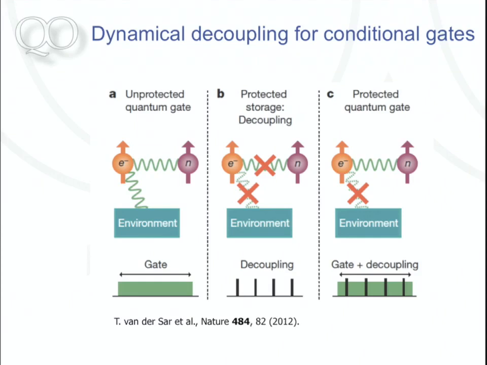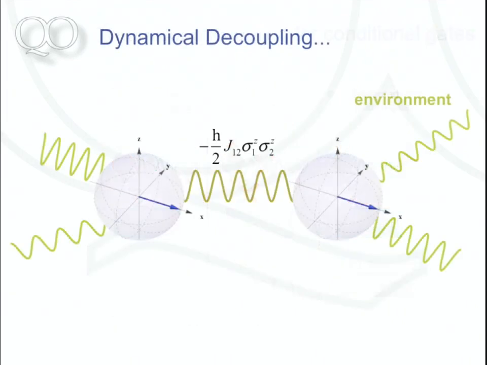In our experiment, the situation is a little different. Here you have one stable qubit and one unstable qubit. In our case, we only have unstable qubits. So this is the situation that we're facing. We have our two qubits, they are coupled, so that's the good thing, but they are also coupled to the environment, that's the bad thing. We want to get rid of the environmental coupling, but keep this coupling.